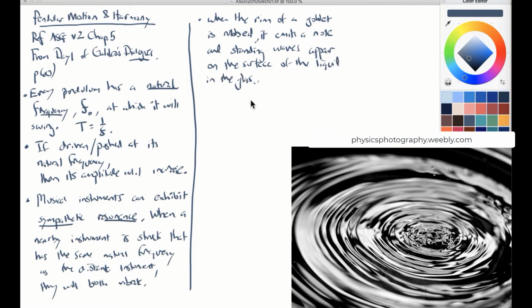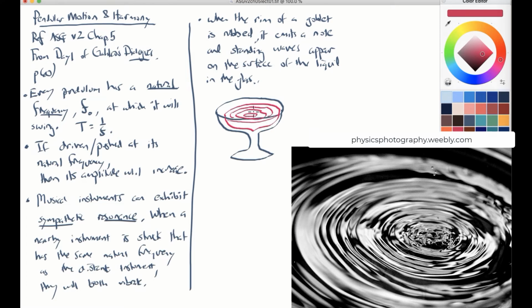Okay, so you might imagine if you have a goblet like this, and you put some wine in it, so here's your wine in your goblet, and if you were to rub the rim in a circle, you wet your finger and rub this, you will notice these tiny ripples that form in the surface of the wine.